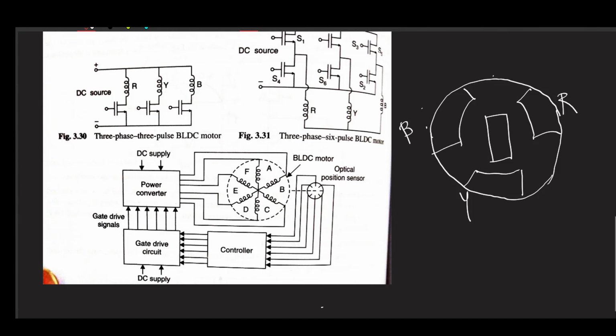Now when you need to produce, say you want to produce north south, how can you produce north and south? Say this is here you are having south and north. But strange thing is that here all this is in terms of DC.